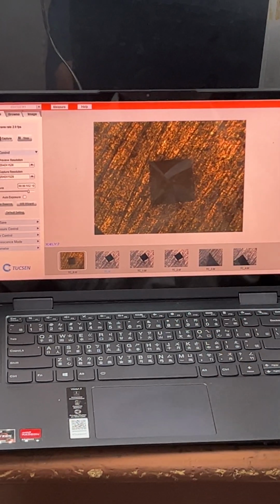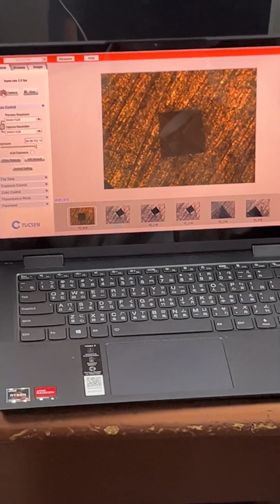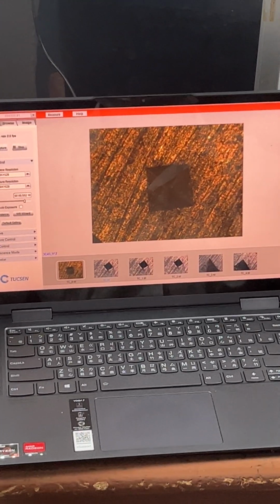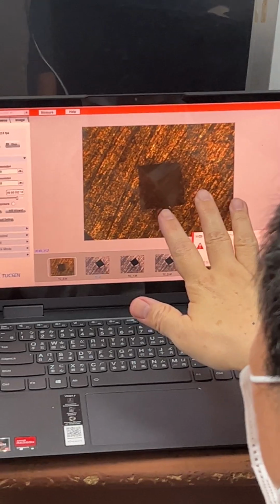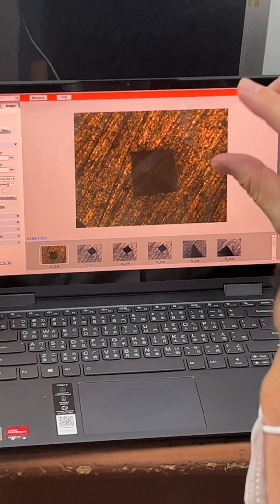Please watch out because of the depth of focus. In short, we call it DOF, depth of focus. The depth of focus for the optical microscope is short.